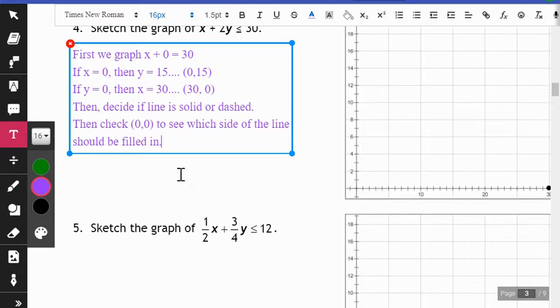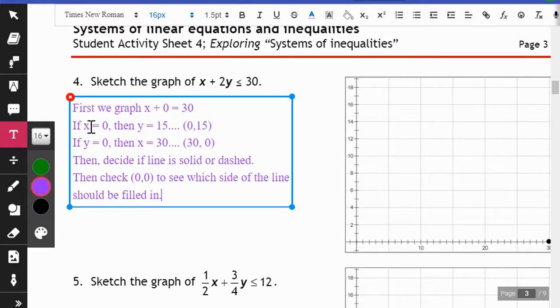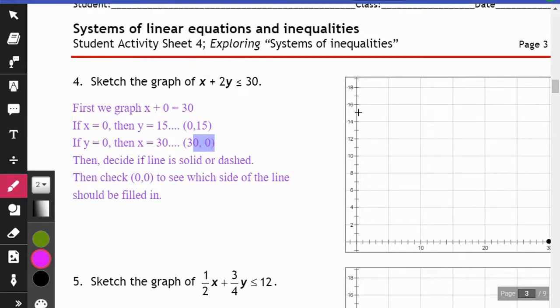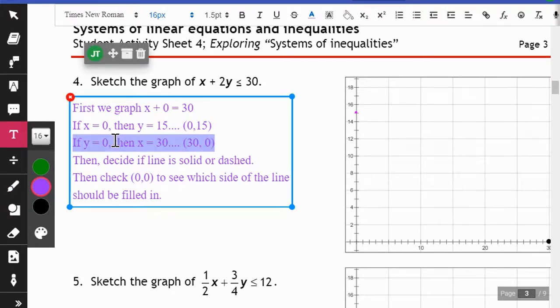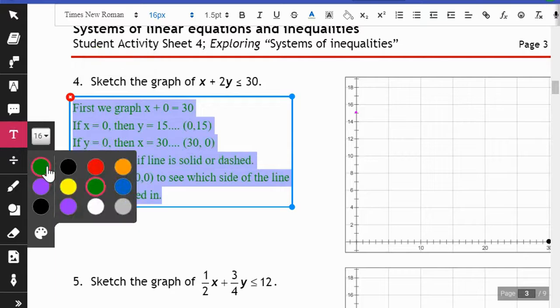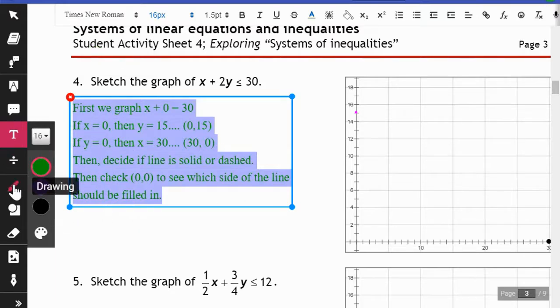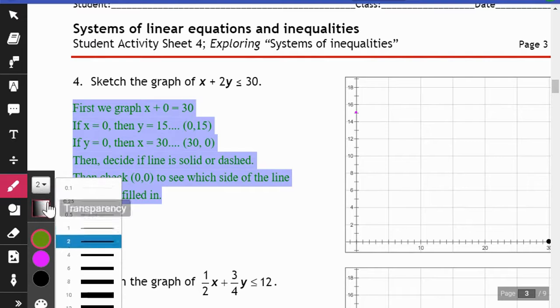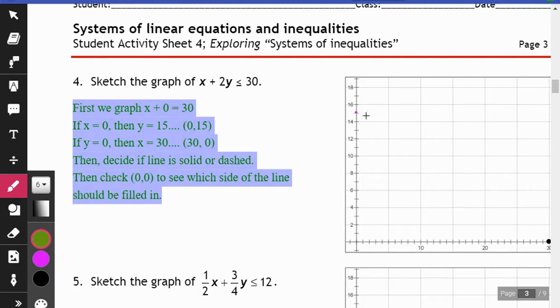So here's what we got to do. I'm going to graph these points, 0, 15, and 30, 0. They're right here. This is our good friend Desmond, so I'm going to graph all of this in green. This is the point 0, 15.